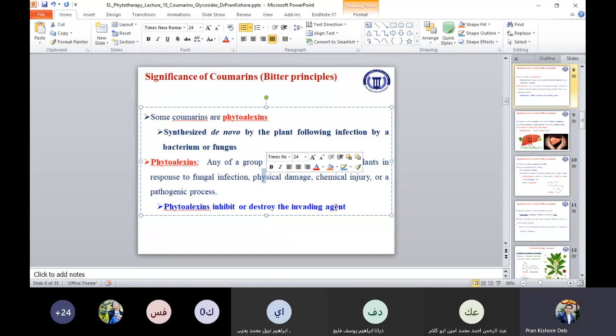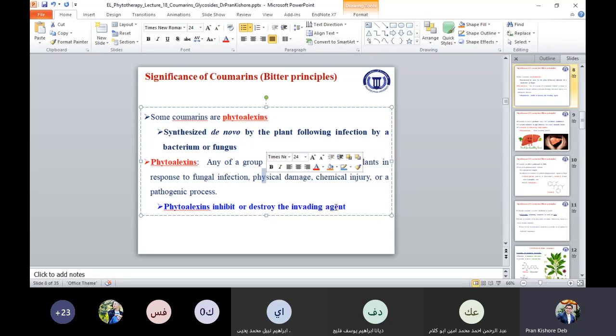Flavonoids, towards the end of the chapter we studied. What is the name of the plant where the first phytoalexin was discovered? Please answer. No one can answer? Okay.